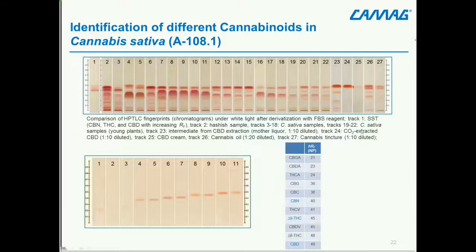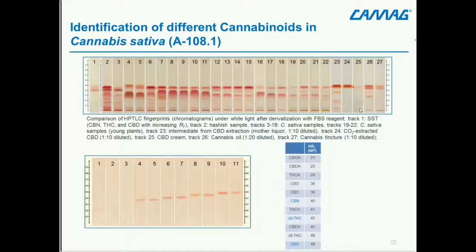We have different process intermediates from CBD extraction. We have cannabis oil, cannabis tincture, CBD cream, so also cosmetic products, and all can be analyzed with the same method. The sample preparation is the same, and then you can easily distinguish them side by side in the comparison viewer.